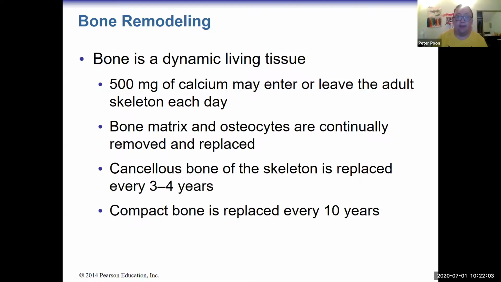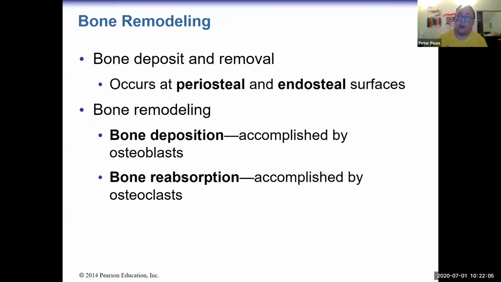This is bone deposition and reabsorption. This happens all the time. In fact, in the 1960s, we had a space race with Russia, and during this space race, we were sending people into space for months at a time.